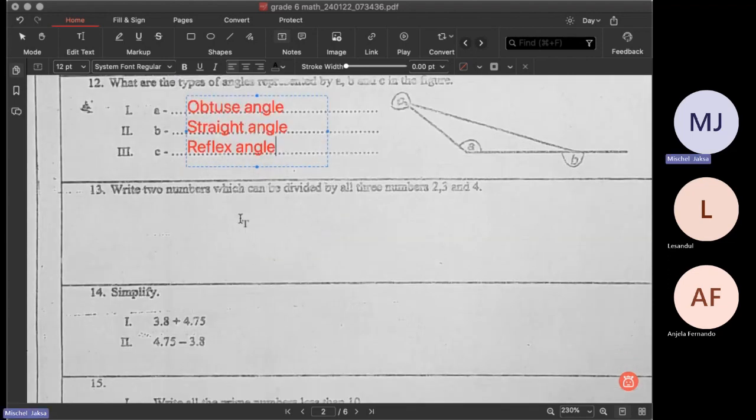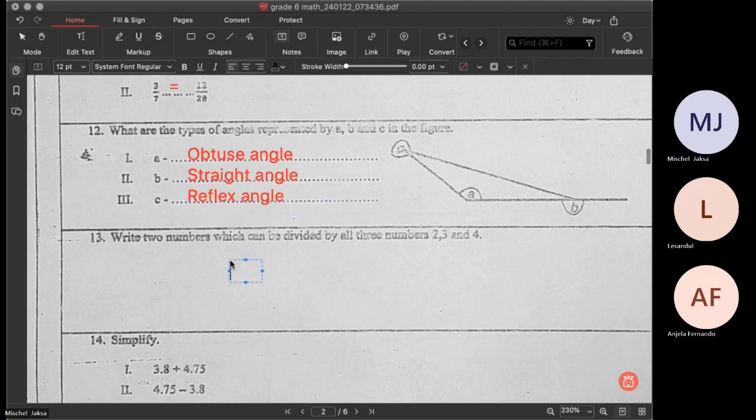Question number 13. Lesson 2, are you also following? Yes. Okay. Question number 13. Write two numbers which can be divided by all three numbers 2, 3, and 4. What are the two numbers that you wrote? Angela, go first.